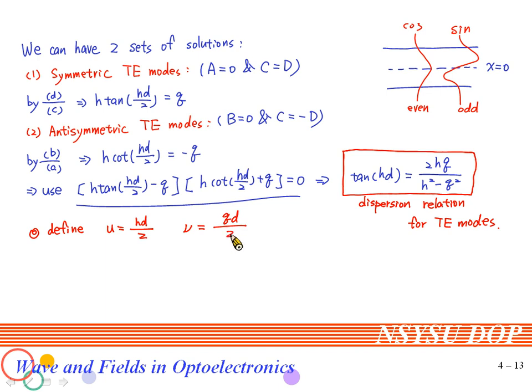And clearly, by this definition, the dispersion equation for symmetric TE mode can be written as U tangent U is V. And the dispersion for antisymmetric TE modes can be rewritten as U cotangent U is minus V. Okay?